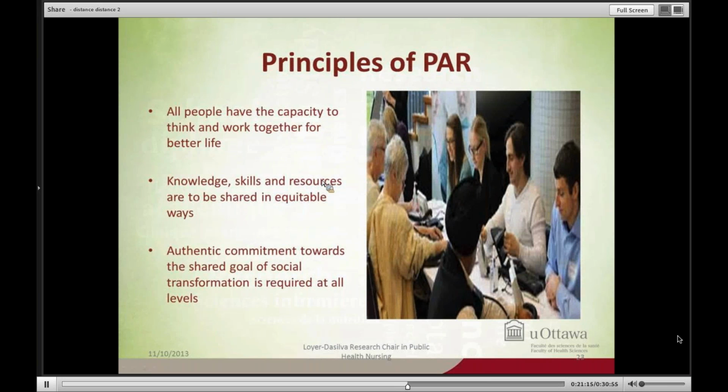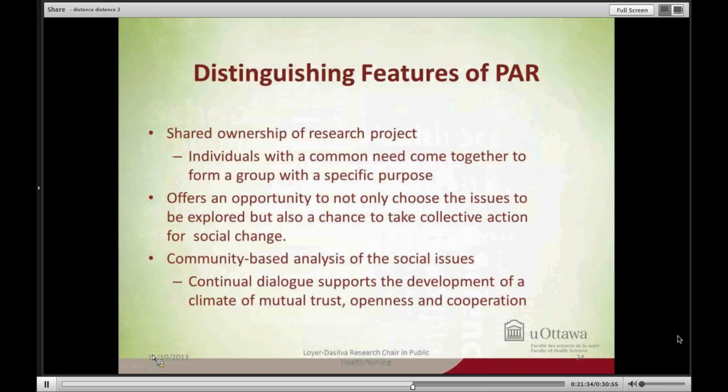All people, PAR's principle believe, have the capacity to think and work together for a better life. Knowledge, skills, and resources are to be shared in equitable ways. Authentic commitment towards the shared goal of social transformation is required at all levels, from individual to the system level.